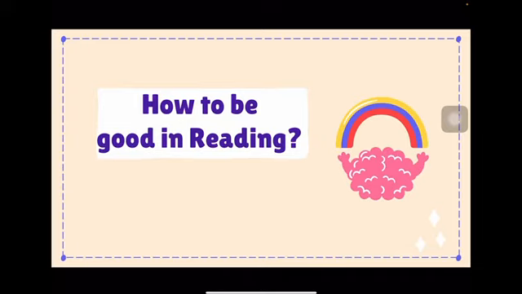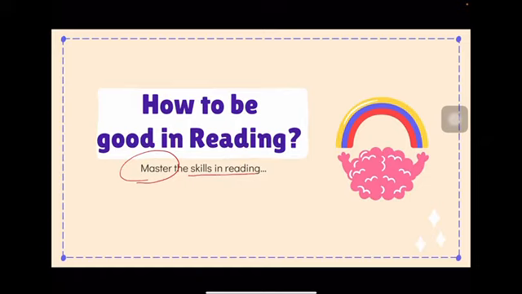How to be good in reading? This is a question that everybody asks. Teacher, how do I make sure that my reading scores well? Because I usually score very poorly in my reading. But actually, reading requires a lot of practice. The first thing you have to do is master the skills in reading, which will help you to read effectively.